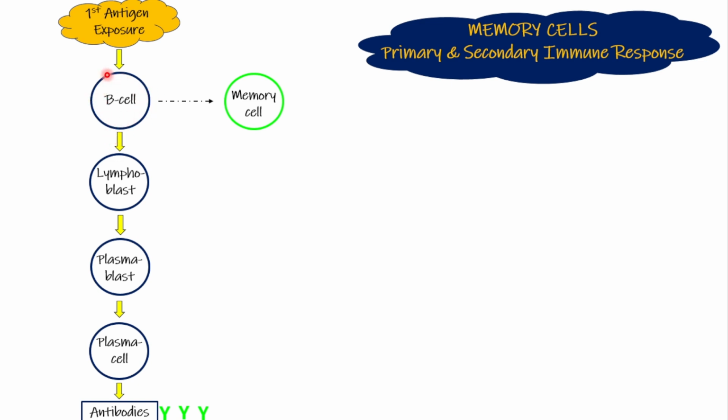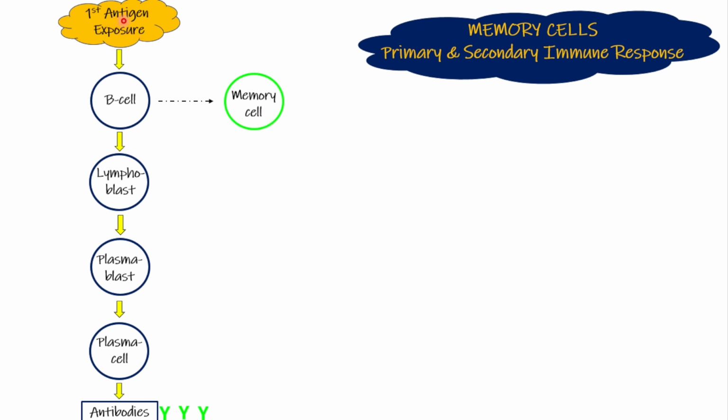As you know, whenever an antigen comes into the body, a specific clone of B cell or T cell is activated. So in this case, a specific clone is activated, and this is the memory cell of that specific clone of B cell. This memory B cell is very specific to this antigen.